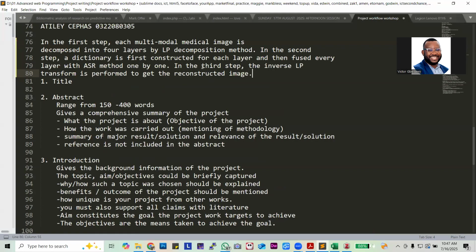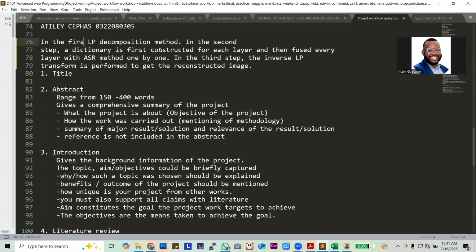Now we have so many software. You can use Grammarly to change, or you can use Quillbot to reconstruct this if you want to. So the study used the LP decomposition method.